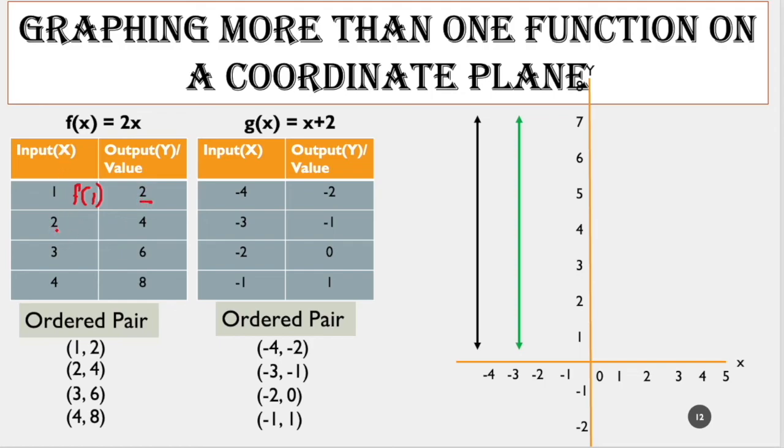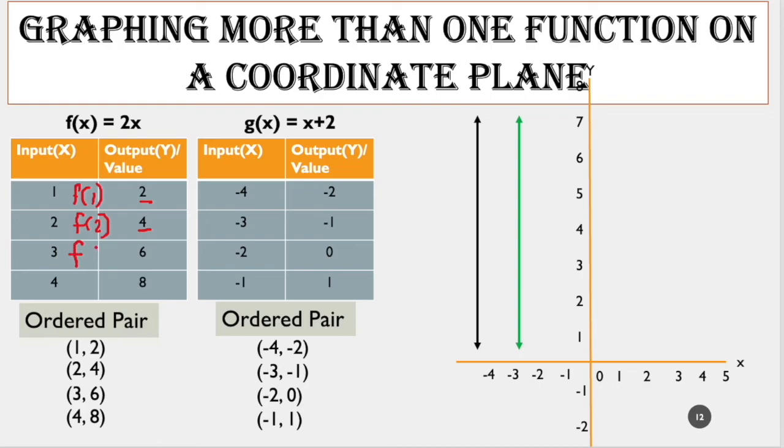When you input value 2 in this function or in this rule, the value of the function would be f of 2. So wherever you see x, you plug in 2. So we have 2 times 2, which would be 4. So our y value would be 4. If you input 3 in this function or in this rule, what would be our y value?